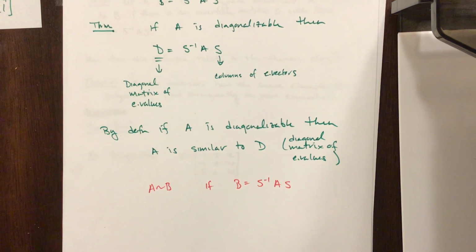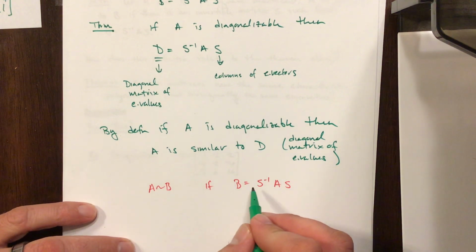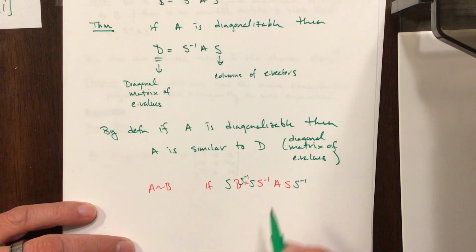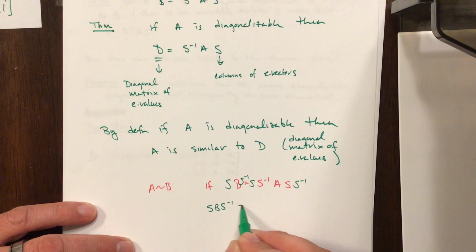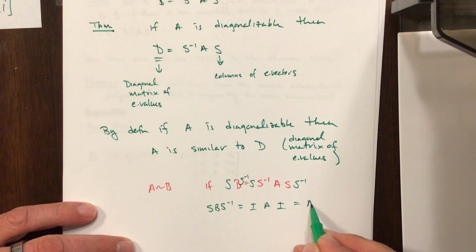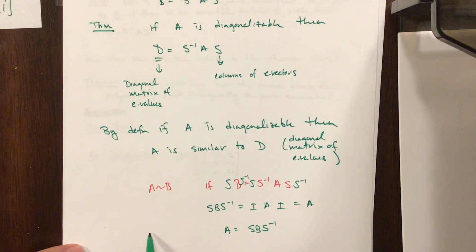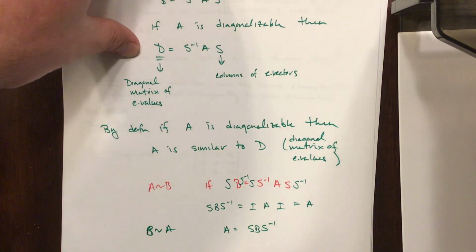If I were to multiply on the left by S and on the right by S inverse, I would get SB S inverse is equal to the identity matrix times A times the identity matrix, which is A. And so A is equal to SB S inverse, where S is the inverse of S inverse. So you can equivalently think of this as B being similar to A. So if A is similar to B, then B is similar to A. It works both ways. All right.